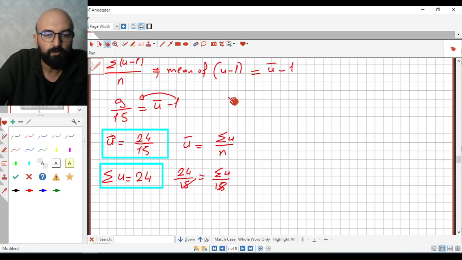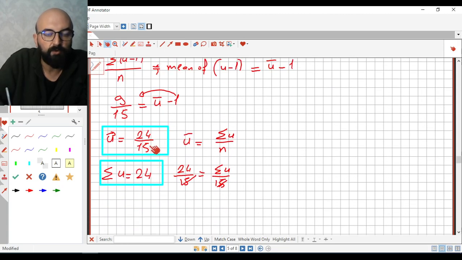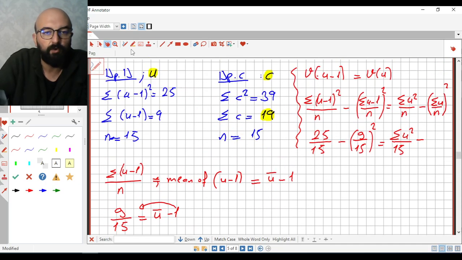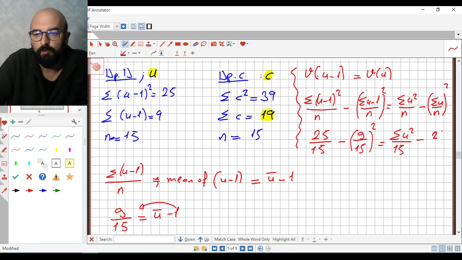The mean of u we found 24 over 15, so 24 over 15 squared.